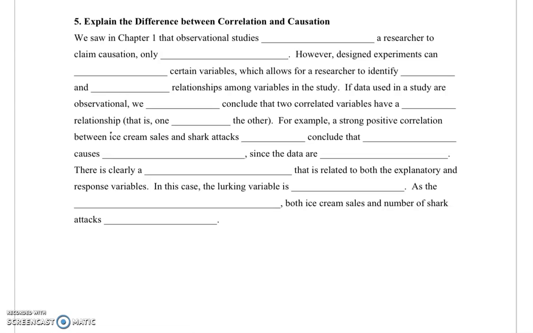And the last thing we need to do is talk about the difference between correlation and causation. We saw in chapter 1 that observational studies do not allow a researcher to claim causation, only association. However, designed experiments control certain variables, which allows a researcher to identify cause and effect.